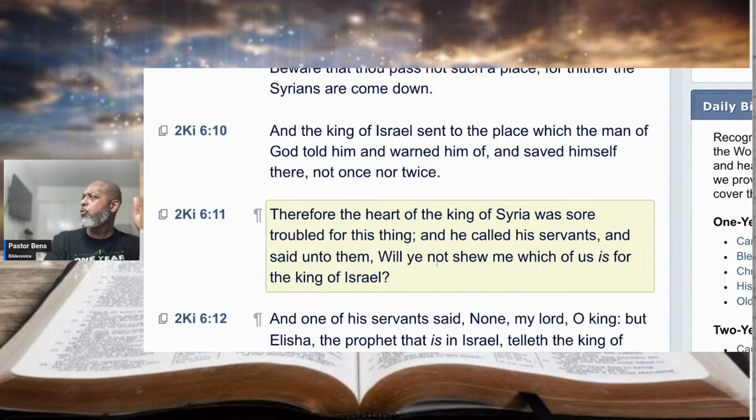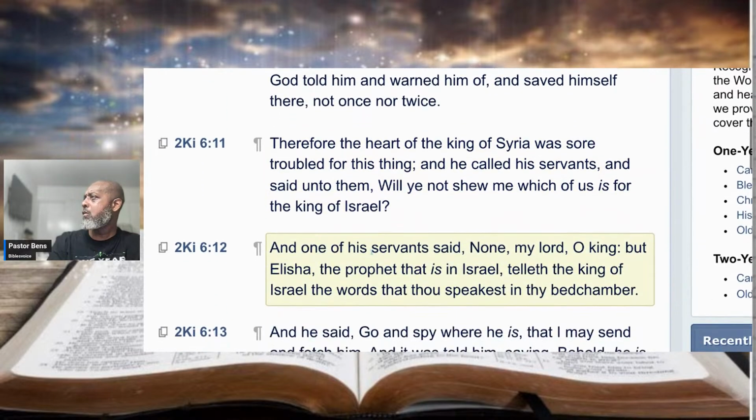Watch this, will you not show me which one of us is for the king of Israel? And one of his servants said, none, my lord, O king, but Elisha, the prophet that is in Israel, telleth the king of Israel the words that thou speakest in thy bedchamber.